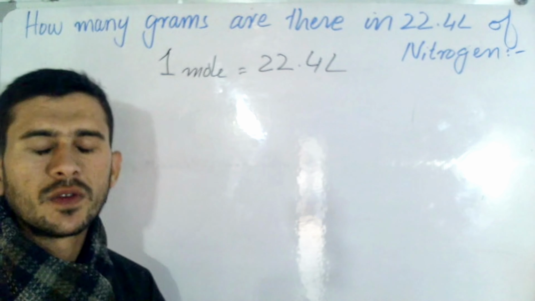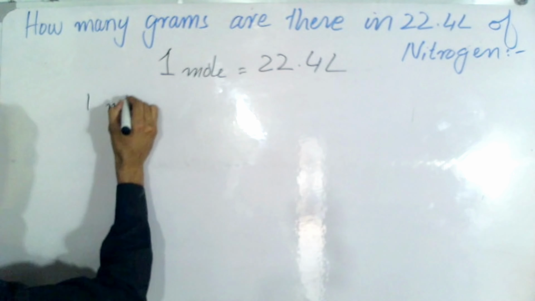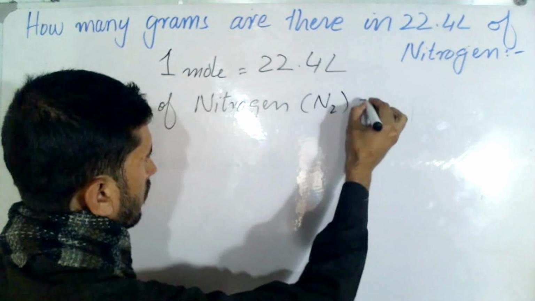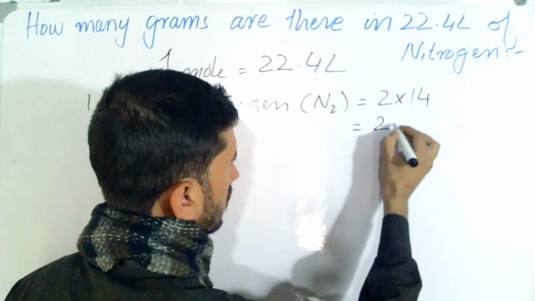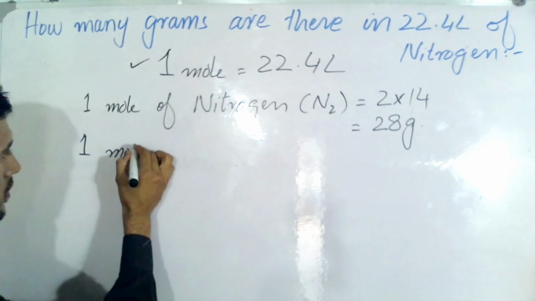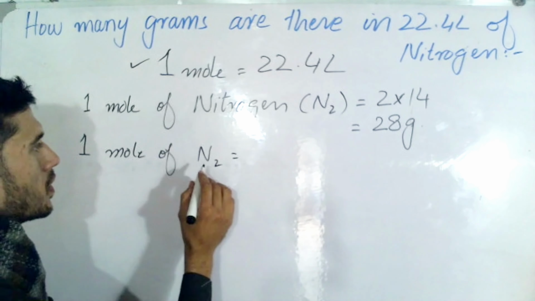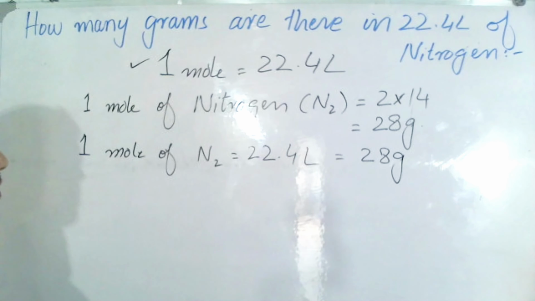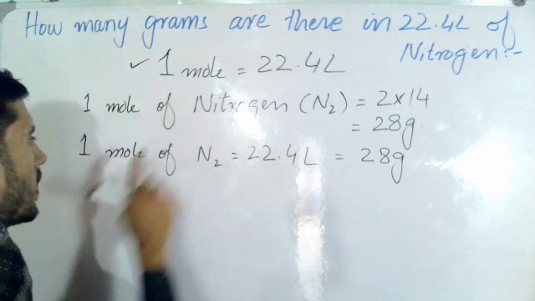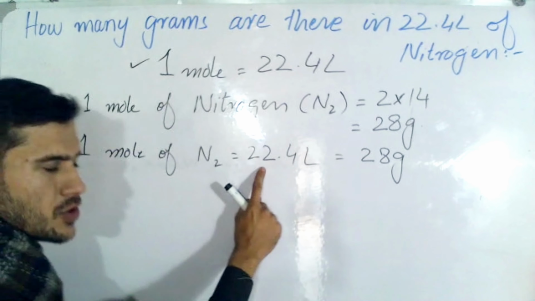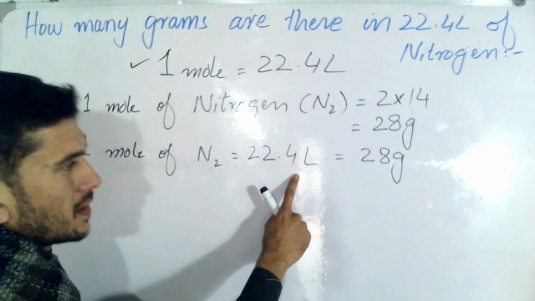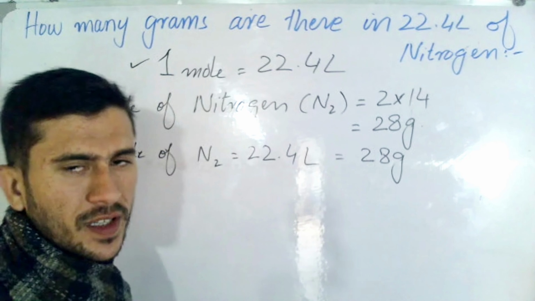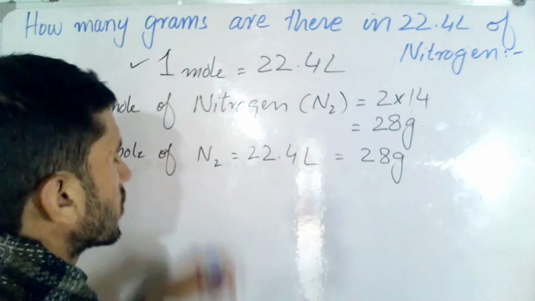That is equal to 1 mole. From this relation, 1 mole of nitrogen contains 22.4 liters. That is equal to 28 grams of nitrogen. So this is answer for the question.